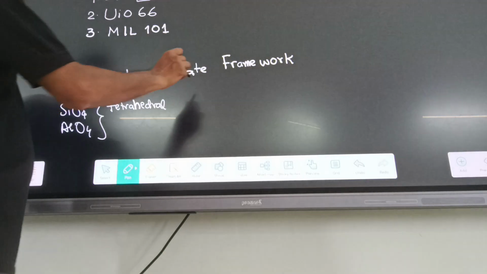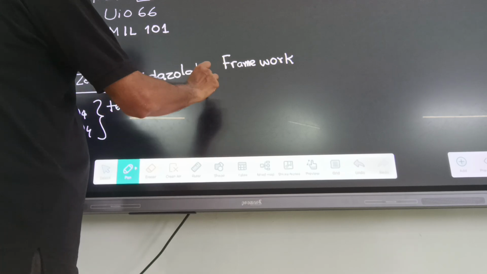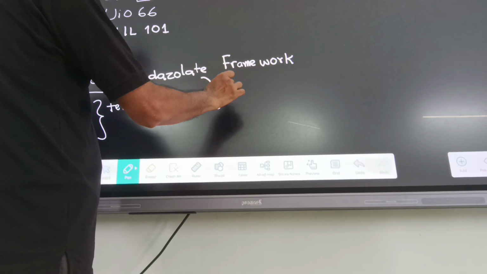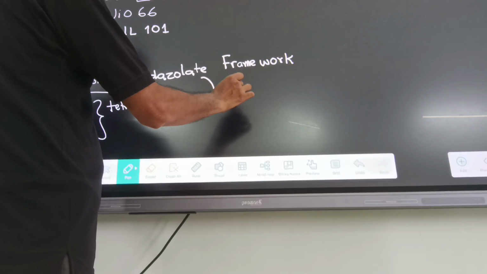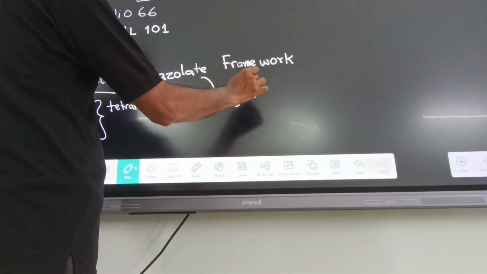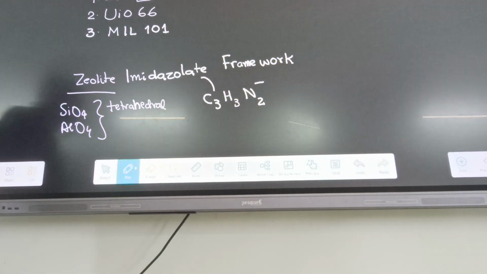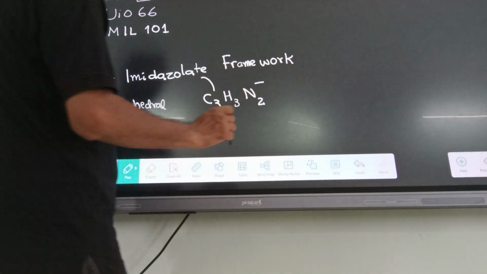अच्छा imidazolate is an organic compound. It is C3H3N2-. तो इसका स्ट्रक्चर कुछ इस तरीके से है.